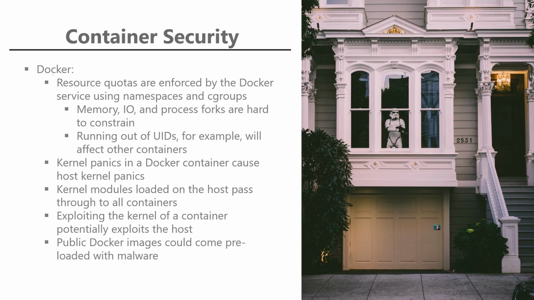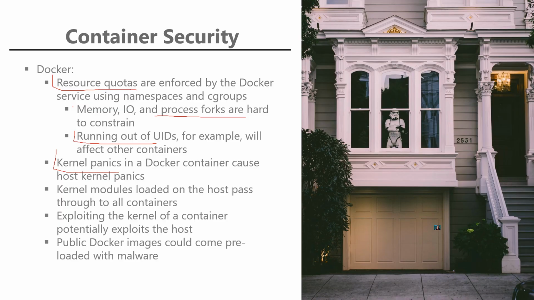Docker: resource quotas are enforced by the Docker service using namespaces and C groups, like LXD. Memory, I/O, and process forks are hard to constrain, like LXD. Running out of UIDs, for example, will affect all the other containers. Kernel panics in a Docker container cause host kernel panics.